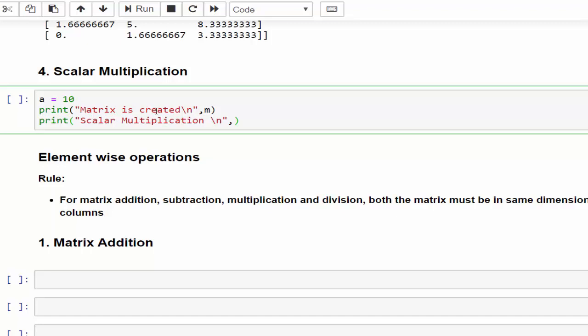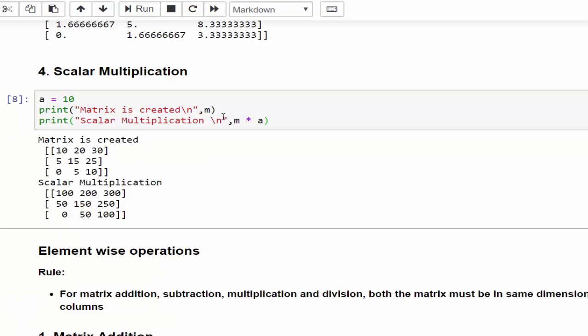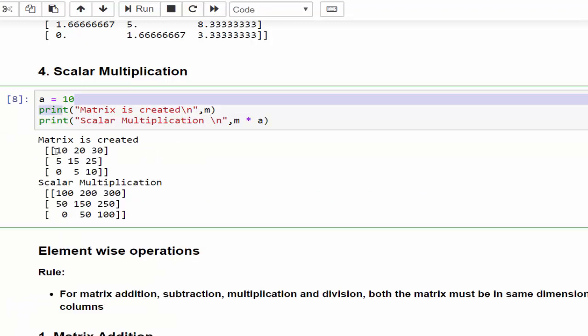Next one, scalar multiplication. We are going to multiply the scalar value 10 with the matrix M. Therefore, scalar multiplication: M, for multiplication put a star, and scalar A. Run. The value 10 is multiplied with each element. 10 into 10, 100, 10 into 20, 200, 10 into 30, 300, and so on.